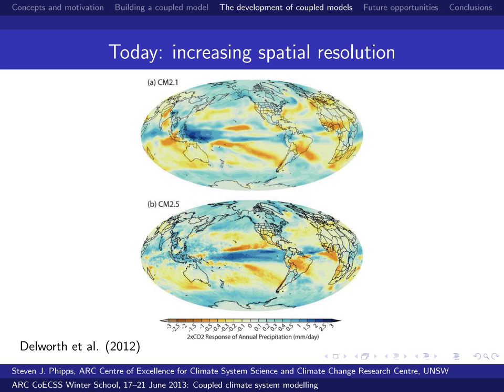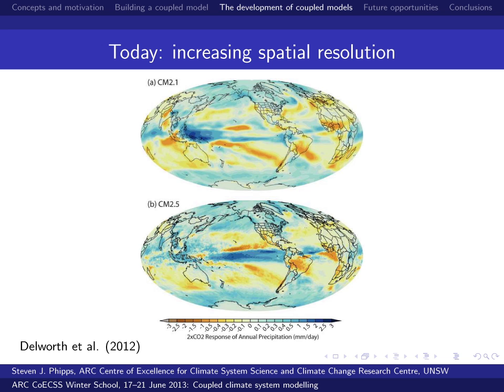CM2.1 is a typical resolution of models that will go into the fifth assessment report. They've got a new version called CM2.5 that runs at 50 kilometre resolution, and you probably can't see that as well as I'd like from back there, but it's a really high resolution model simulation, really capturing some of the finer details of the climate system.